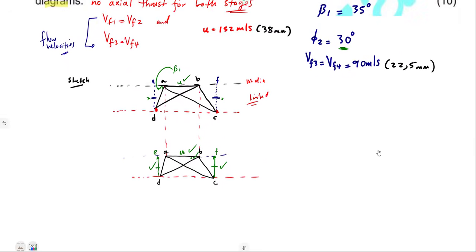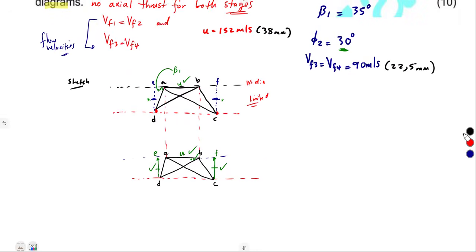We are going to work from the second diagram. Still on the second diagram, we have this value of U, this angle here at B, which is our angle phi 2, and the flow velocities are there. But we do not have V3 for the second diagram.